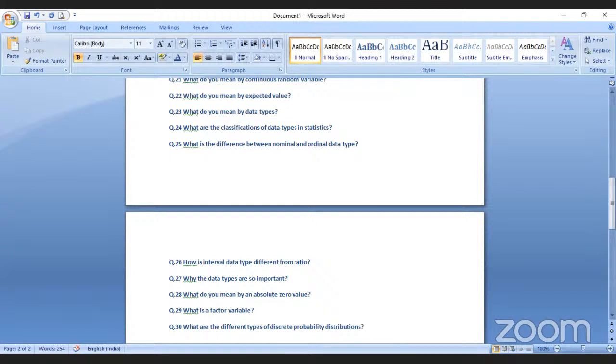There are a number of different types of discrete probability distributions, which are binomial probability distribution, Poisson's distribution, negative binomial distribution, geometric probability distribution, and hypergeometric probability distribution. So these are some of the examples of discrete probability distributions.